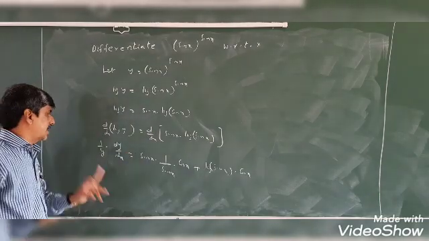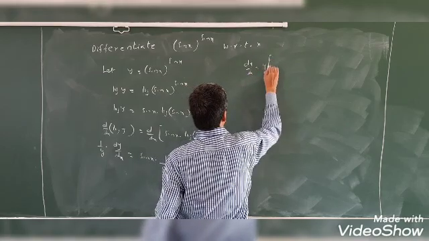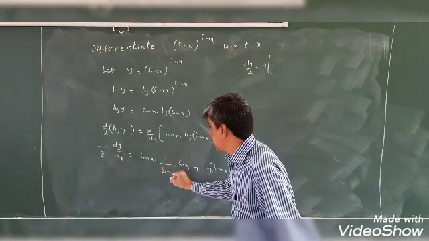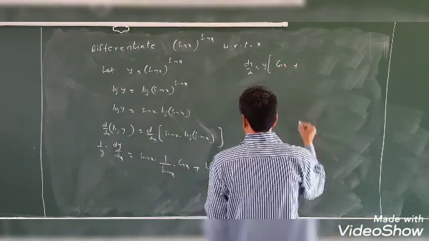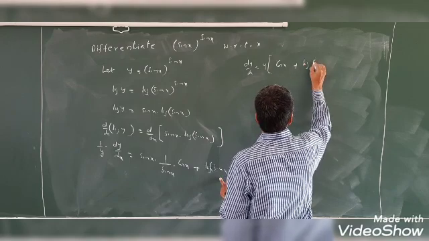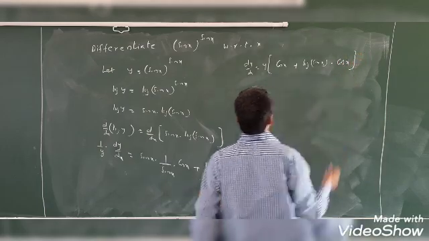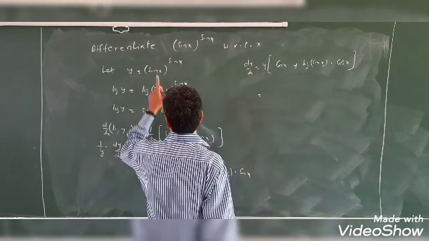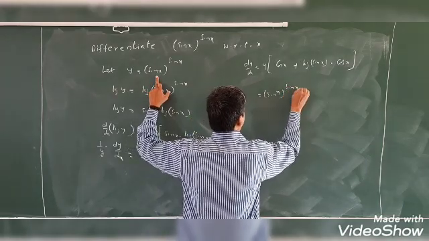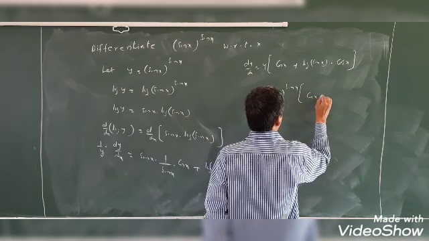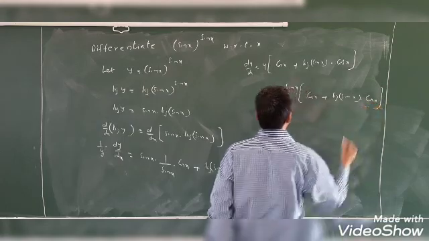Now take this y that side. dy by dx is equal to y into, here sin x gets cancelled. So remaining is cos x plus log of sin x into cos x. So y is equal to, we started with sin x power sin x, into cos x plus log of sin x into cos x.